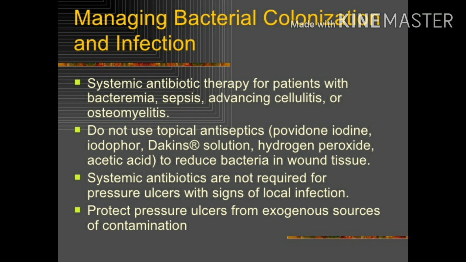Do not use topical antiseptics such as povidone iodine to reduce bacteria in wound tissue. Systemic antibiotics are not required for pressure ulcers without signs of local infection. Protect pressure ulcers from exogenous sources of contamination, such as urine and feces.